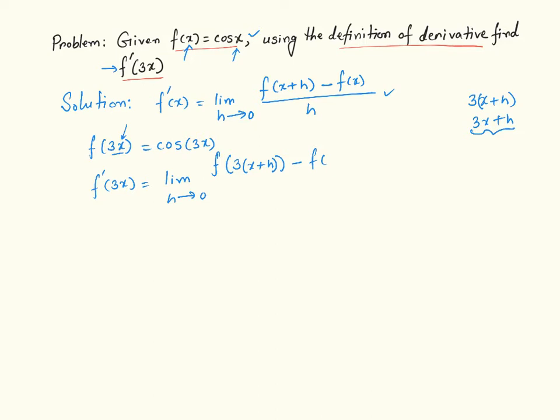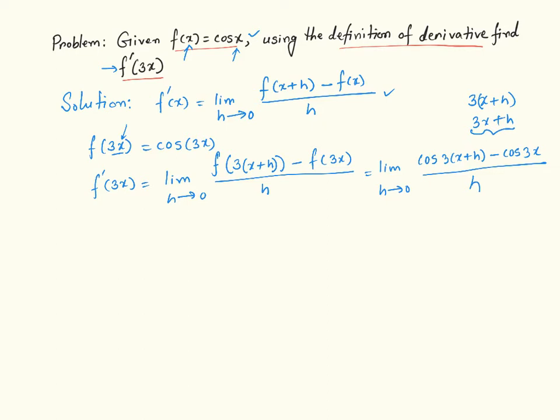So in my case, f of x is 3x, right? Divided by h. Now that's going to become the limit as h approaches 0 of cosine of 3 times x plus h minus cosine of 3x, divided by h.